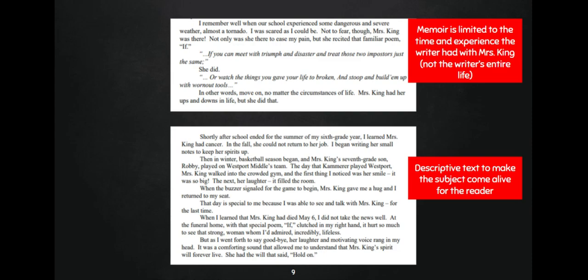So the memoir is this focused piece that really is taken in and described for the reader, connecting us, the readers, to this relationship of a person, place, thing, or event that the writer has been affected by.